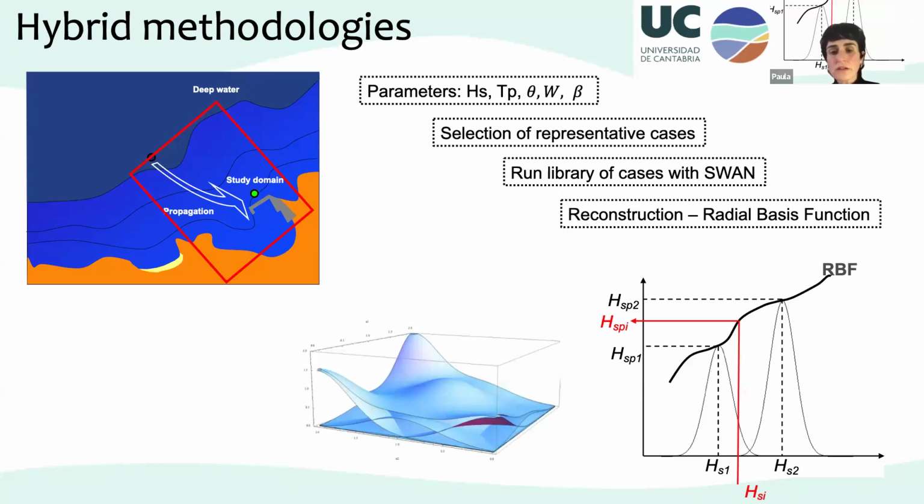With these results, we can use a radial basis function in order to obtain a multilinear interpolation function that allows us to estimate the significant wave height propagated to that location near the coast for a combination of the 5 parameters that we haven't simulated numerically.